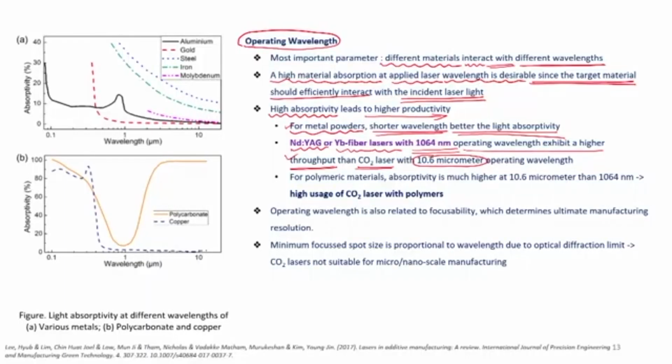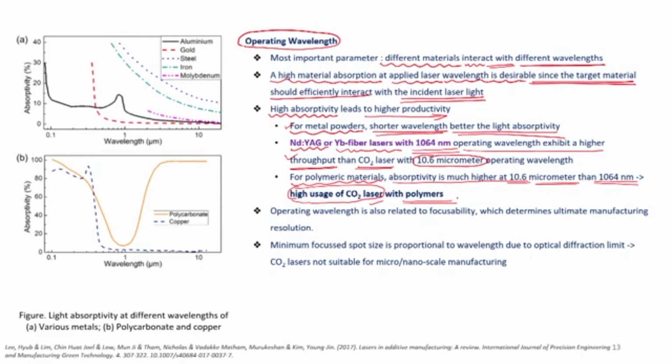So for metal powders, for SLM, basically Nd:YAG would be a good choice. For polymeric materials, the absorptivity is much higher at 10.6 micrometer than at 1 micrometer, that is 1064 nanometer. So therefore, the CO2 lasers are widely used and popular when we are processing polymers.